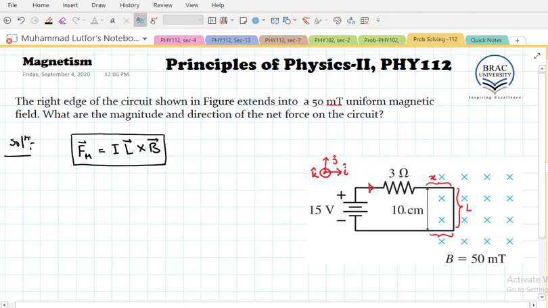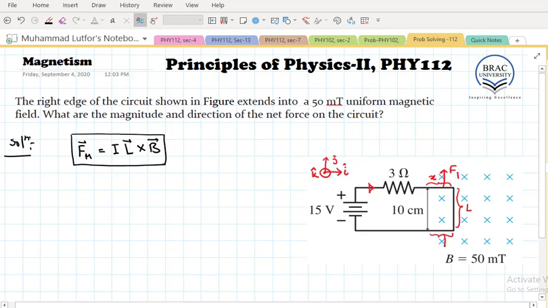Then we rotate it, right? If we do that, the force on segment 1 should be towards this direction, upward. We can find that mathematically also, we'll do that. So this is the force on 1.